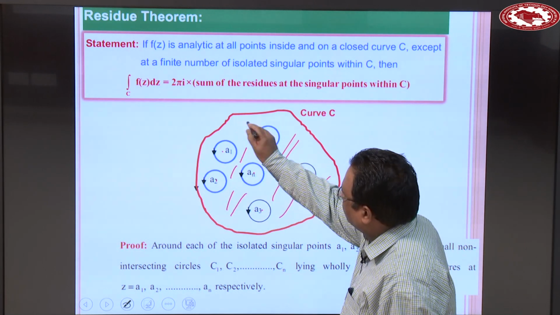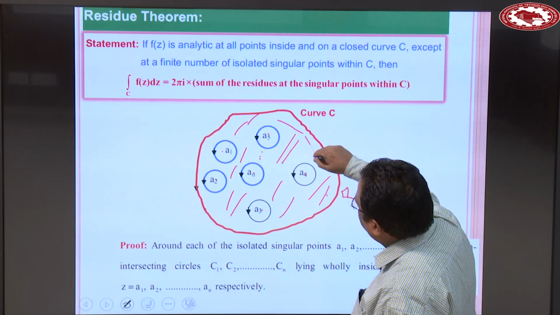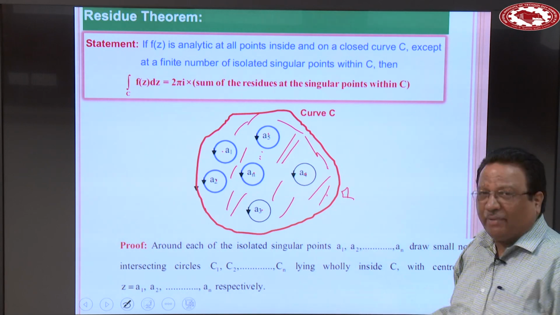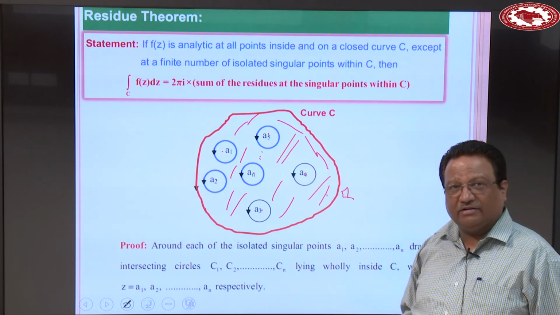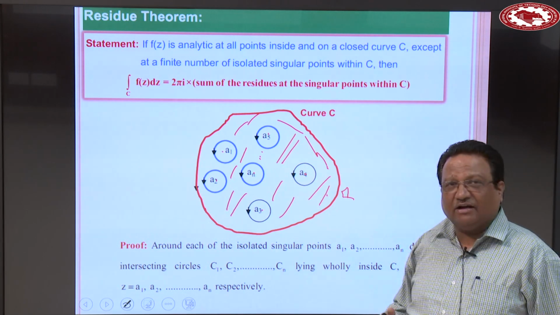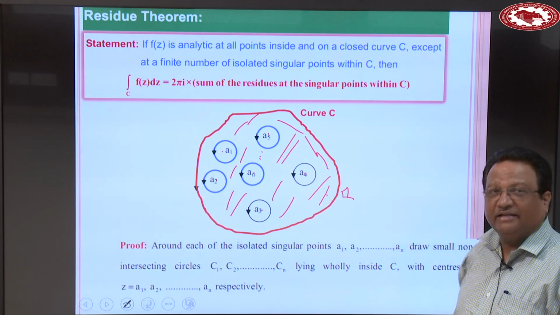Here in this area the function is analytic everywhere, right? So we can apply Cauchy's theorem, because in that case we use the Cauchy theorem for multiply connected curves.